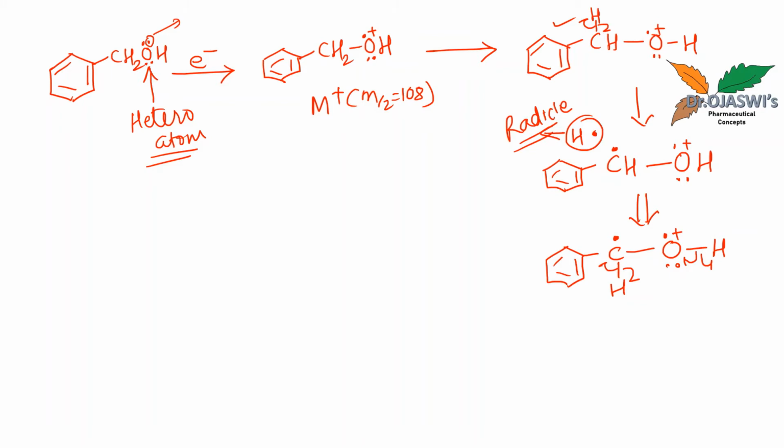In that case, what will happen now? I'm writing this. This is the ring, this carbon. This bond is as such, this electron is as such. This electron and this electron have formed a double bond over here.